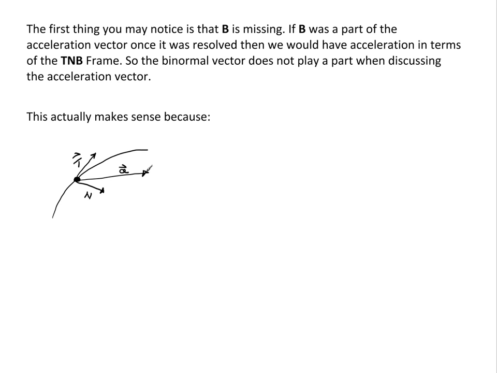So this acceleration vector is going to have a component in this direction and a component in this direction. It does make sense because acceleration takes place in the TN plane, which you've come to love and adore as being the osculating plane.